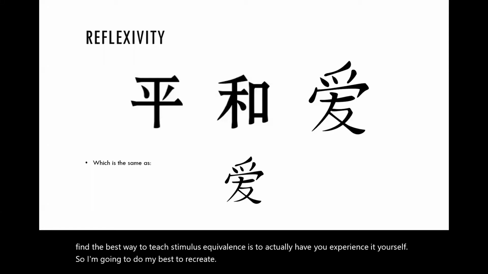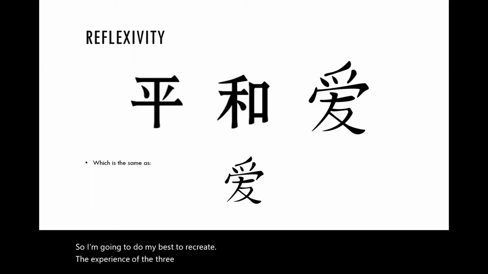So I always find the best way to teach stimulus equivalence is to actually have you experience it yourself. So I'm going to do my best to recreate the experience of the three different levels of stimulus equivalence, and hopefully it's beneficial. I am using Chinese Mandarin symbols, I believe.